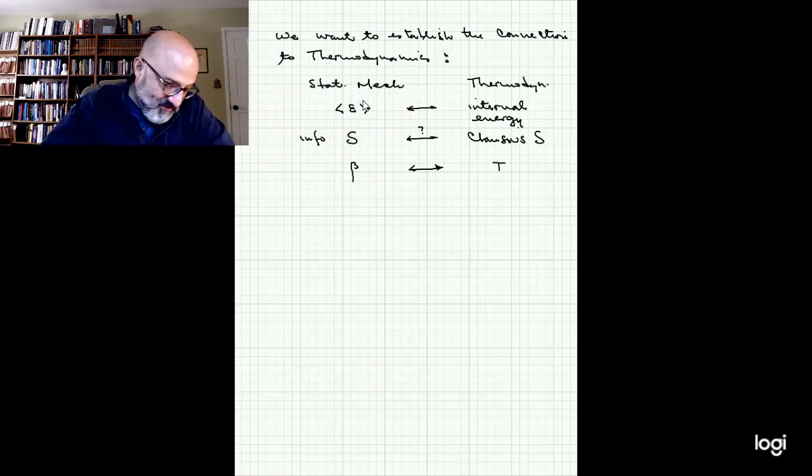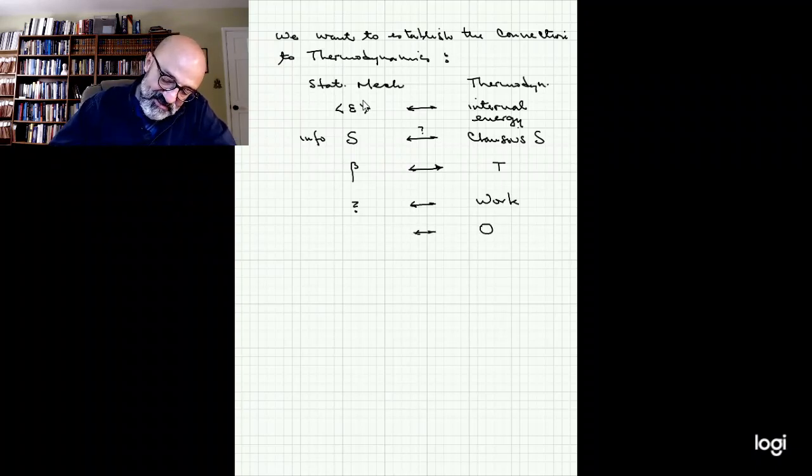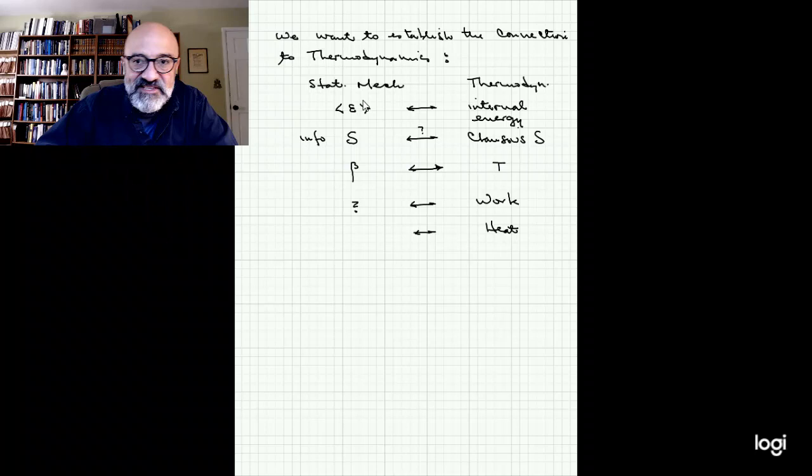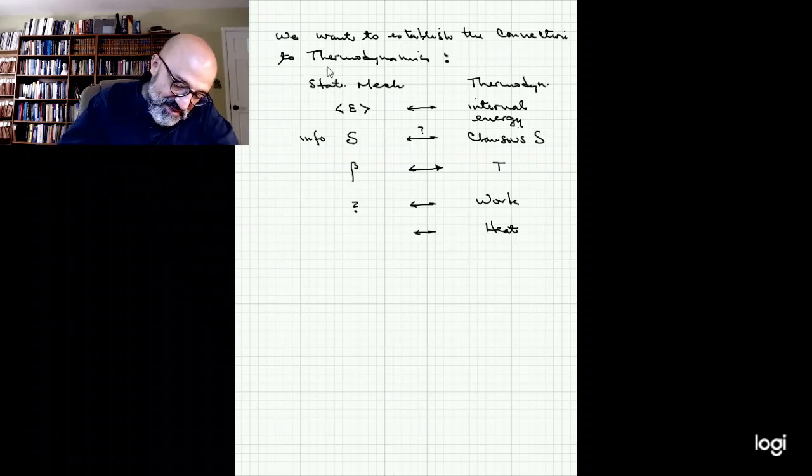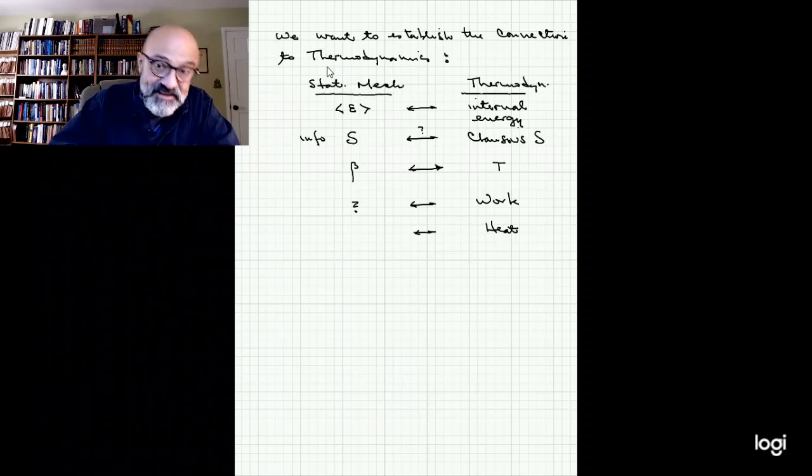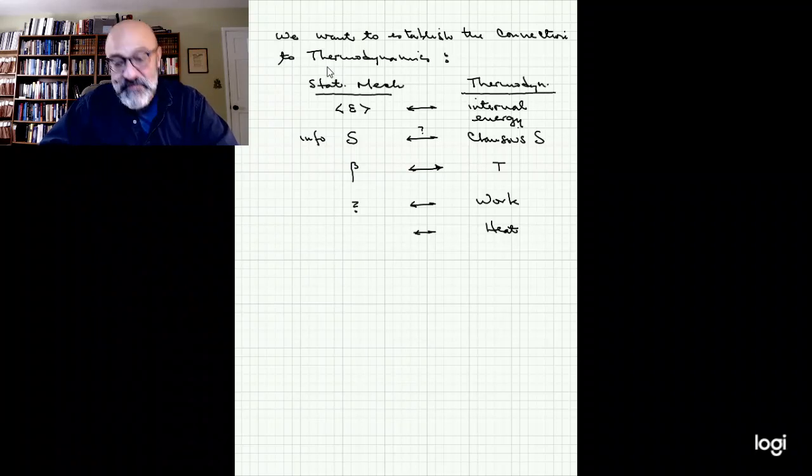We also want to figure out what is the analog of that energy exchange that we call work, of what we call the heat, and so on. So this is how we establish the connection between the mathematical model, the theoretical model, and the, let's call it, the experimental science.